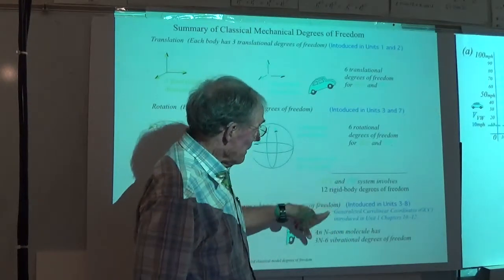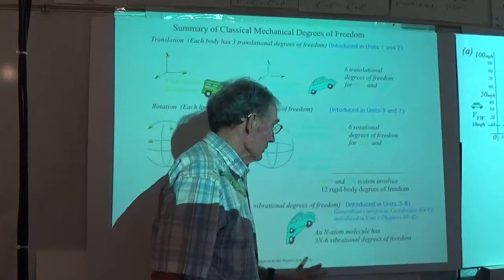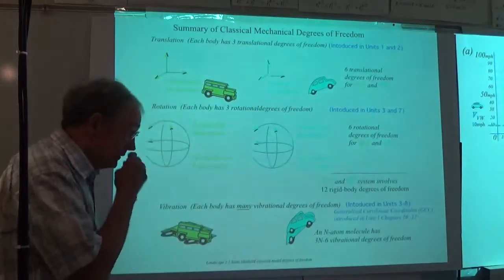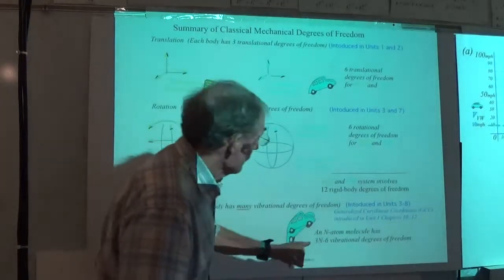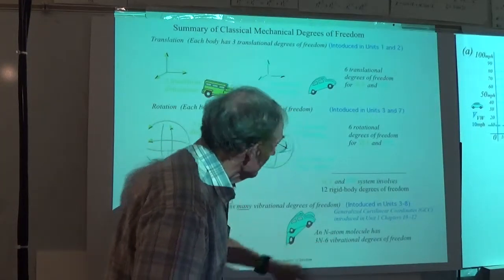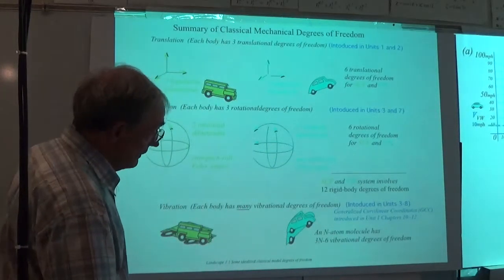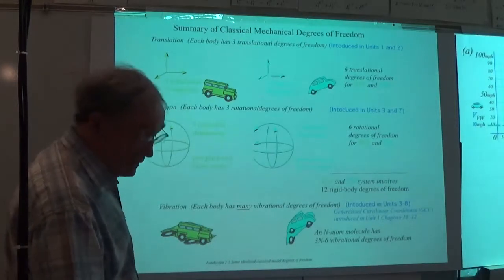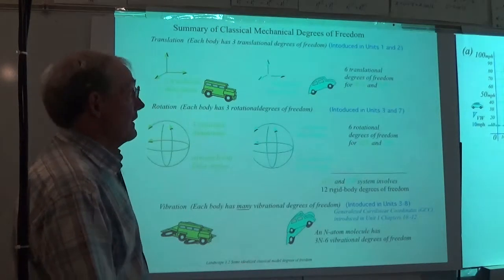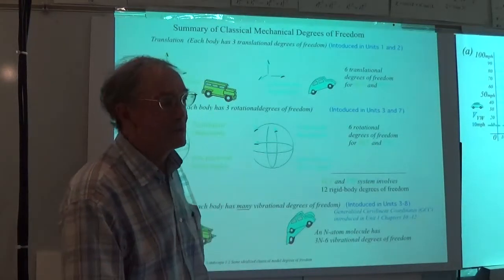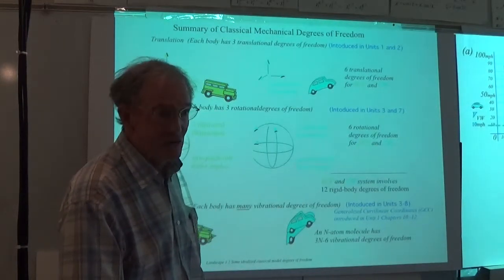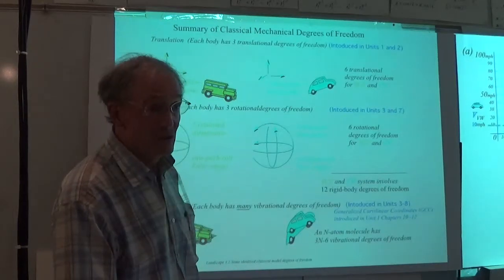Now, in units 3 through 8, we're going to be taking up situations which have these higher numbers of degrees of freedom. So 3n minus 6, where n is the number of particles, and then a molecule has that many degrees. You can see right away ruler and compass geometry is probably going to be on the losing end of the logic as we go to those higher dimensions.